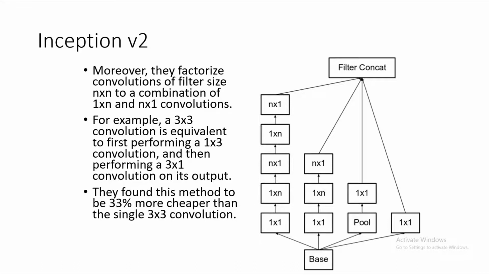Like we can see here with the 3 by 3 example, the convolution is equivalent to first performing a 1 by 3 convolution and then performing a 3 by 1 convolution on the output, and they found this method to be 33% cheaper than the single 3 by 3 convolution.